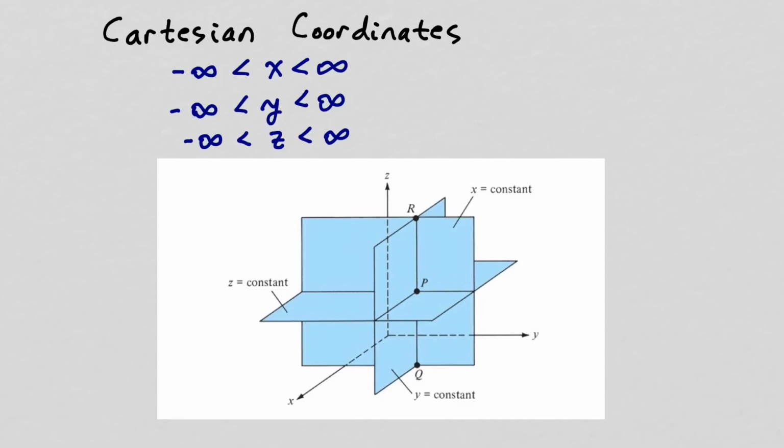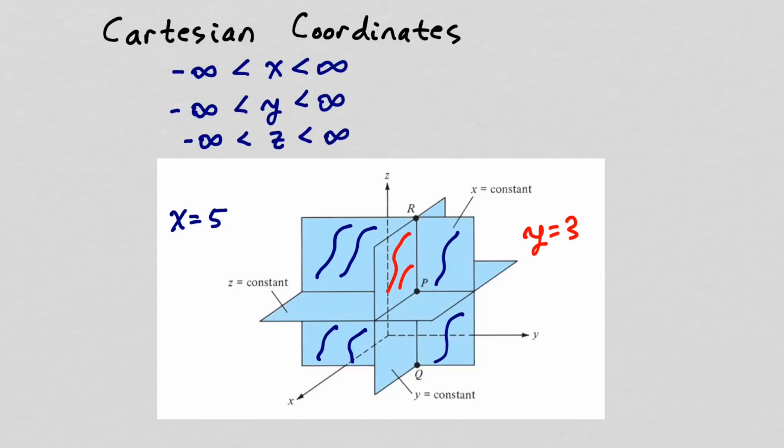If I state x is equal to 5, I am implying that y and z can take on any values. So x equal to 5 will define a plane, and that plane is the plane I'm shading right here. If on the other hand I said y is equal to 3, that implies x and z can take on any values, and y equals 3 would be, say, this plane right here.